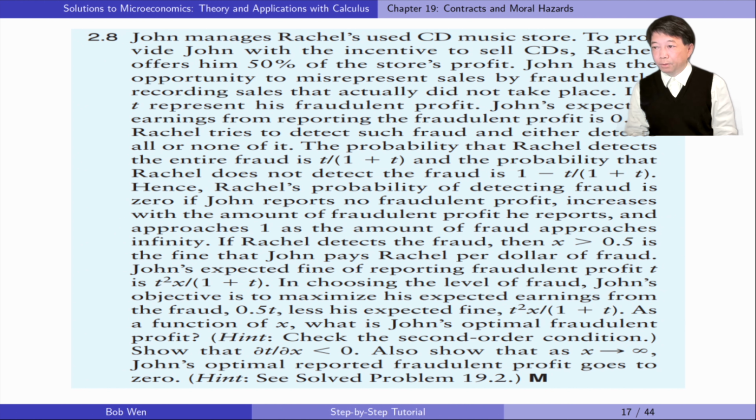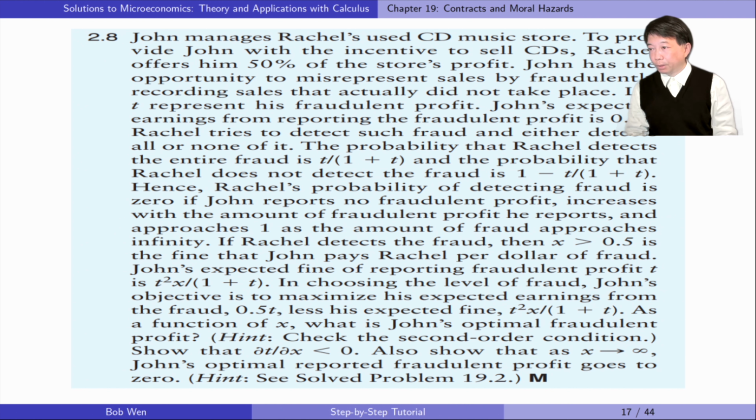If Rachel detects the fraud, then X greater than 0.5 is the fine that John pays Rachel per dollar of fraud. John's expected fine of reporting fraudulent profit T is T squared times X divided by 1 plus T. In choosing the level of fraud, John's objective is to maximize his expected earnings from the fraud less his expected fine.